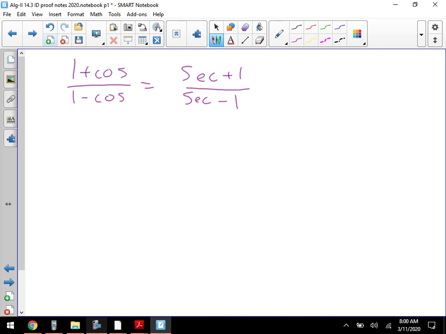So when I see that it's just going cosine to secant, there's no squares, rewrite with a common denominator using the reciprocal function. This is the same as saying 1 plus 1 over secant, over 1 minus 1 over secant. Get your common denominator.